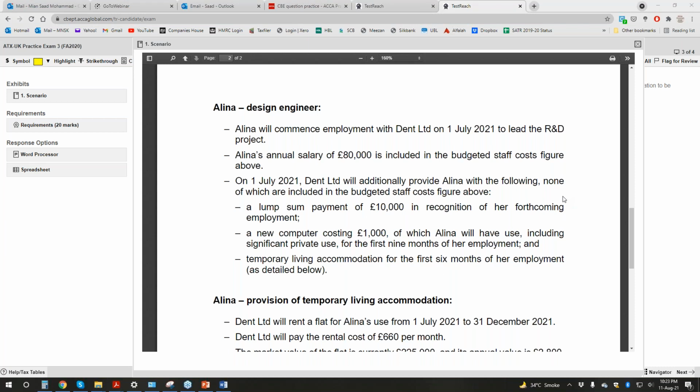Yes, it is 100% taxable for Elena, and it will be added into her salary as an income. So that was the answer for the income tax implication of the lump sum payment for Elena. That's it. Now we will be focusing on the company's perspective, for which the requirement has asked us to explain.